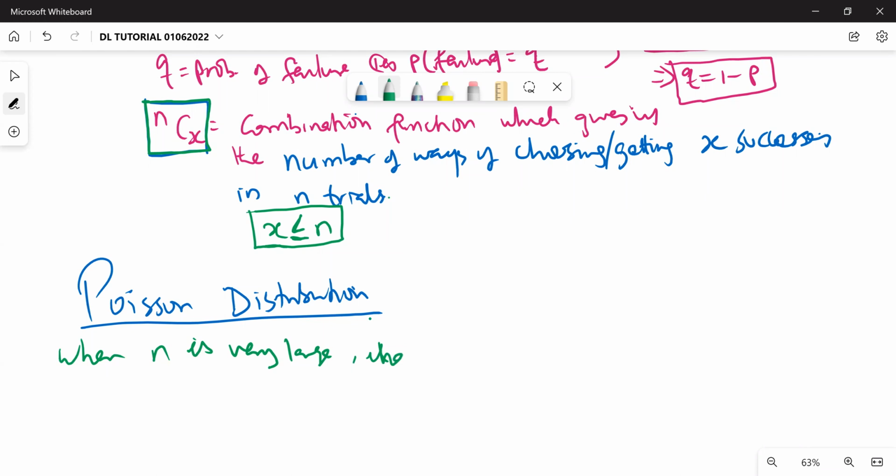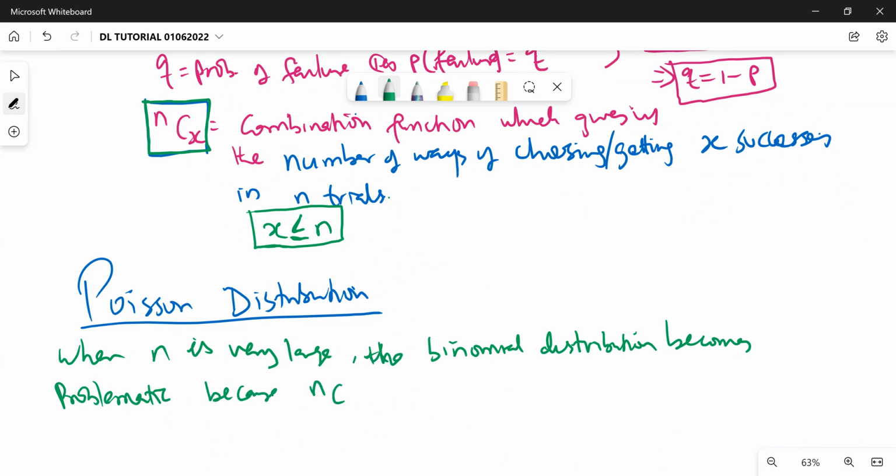The binomial distribution becomes problematic because this part here cannot be evaluated.